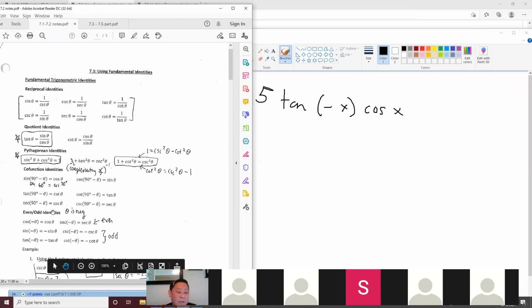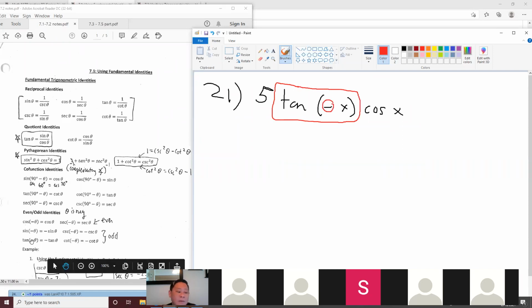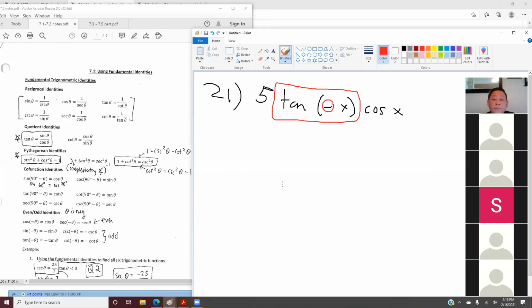Even odd. Yes, you can use even odd because in tangent there is a negative in here. So what happens if you see a negative using even odd? Does this negative disappear, or does it move up front? It moves up front. So this negative will be moved up front.